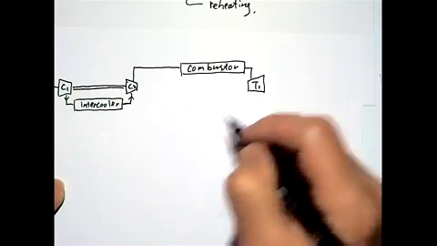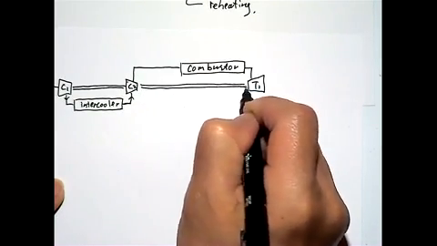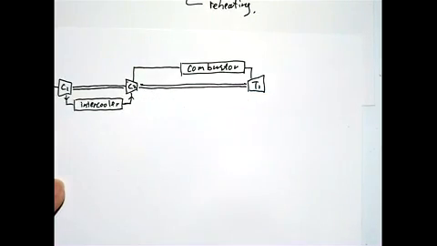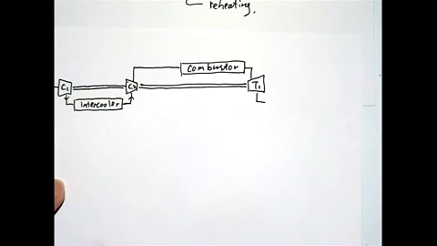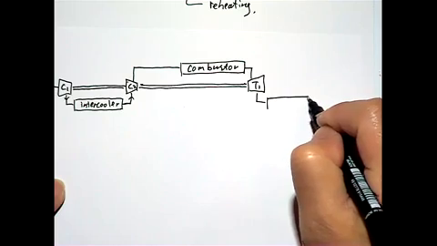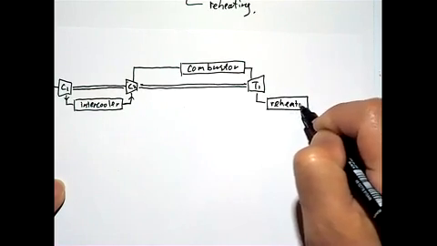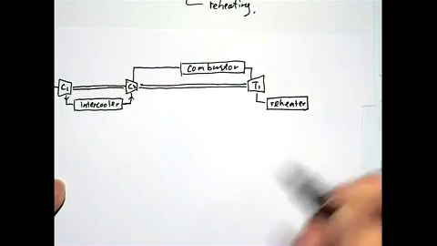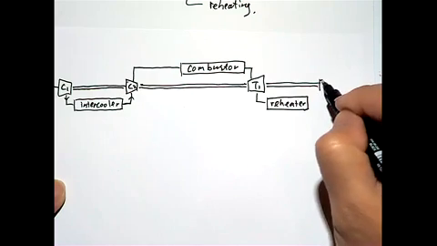The first turbine. And again, the turbine is connected to the compressor. And when the gas is partially expanded, it's going through a device called a reheater. And then going to the second turbine.